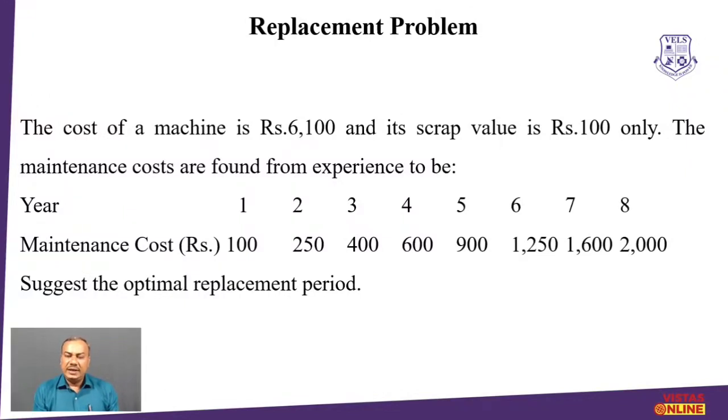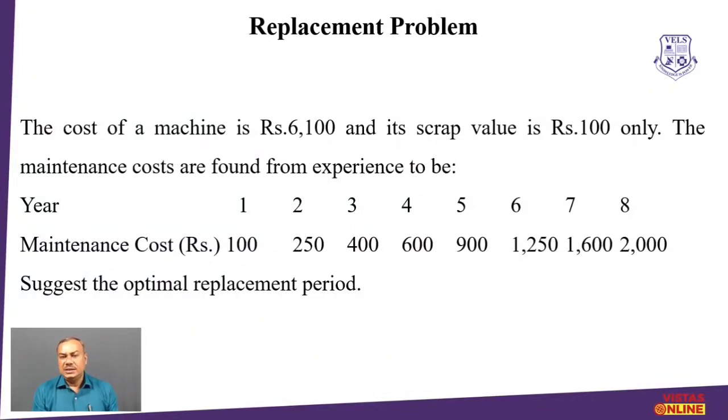For the first year 100, second year 250, and for the successive years 400, 600, 900, 1250, 1600 and 2000. Suggest the optimal replacement period. At what age can we replace the machine? So this is the given problem statement.